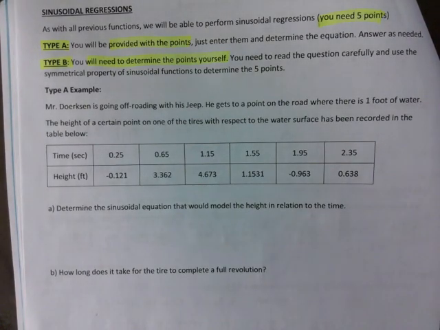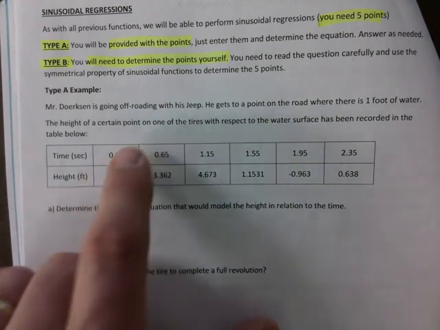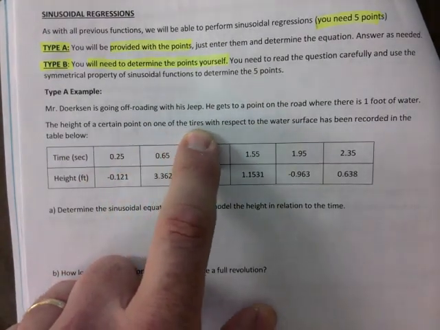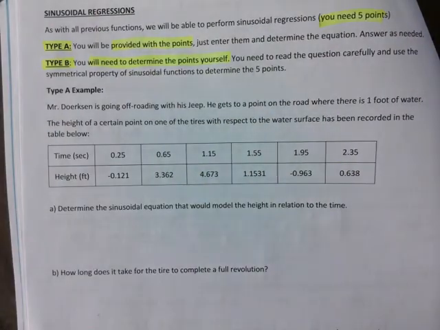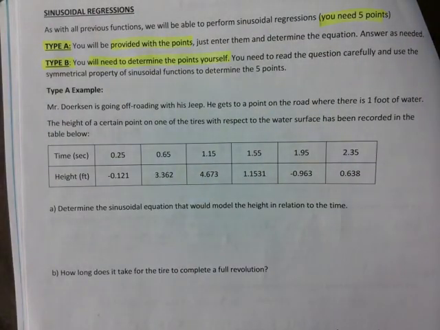So type A. Mr. is going off-roading with his Jeep. He gets to a point on the road where there's 1 foot of water sitting there. The height of a certain point on one of the tires with respect to the water surface has been recorded on the table below, right?